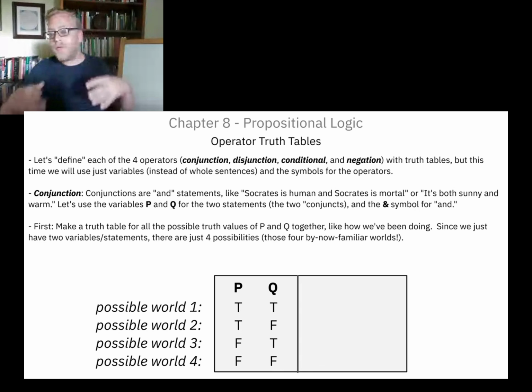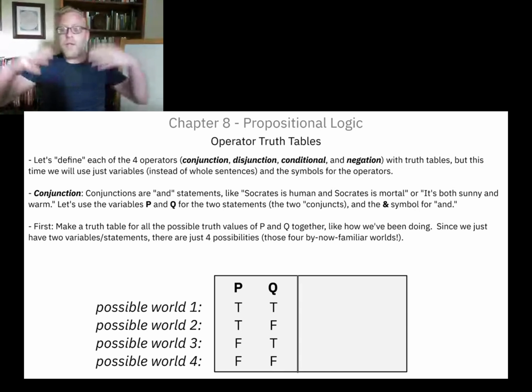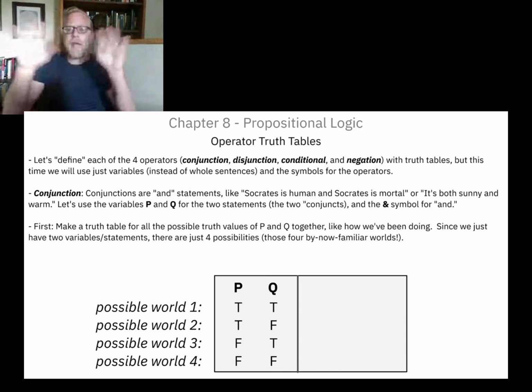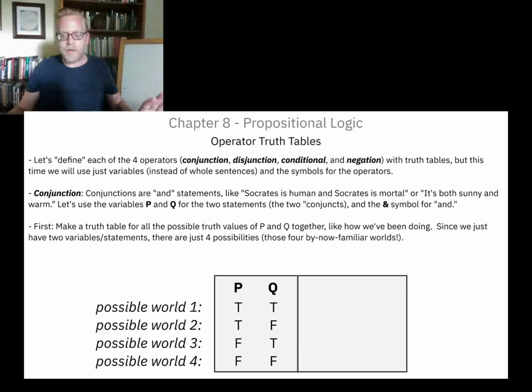And just to remind you, this just represents all the possibilities that there are for any 2 random statements that you can make. Any 2 statements that are either true or false. If you don't know what their real truth value is, you can at least sketch logical space. It's one of the things that you can know, to use a philosophical term, a priori.